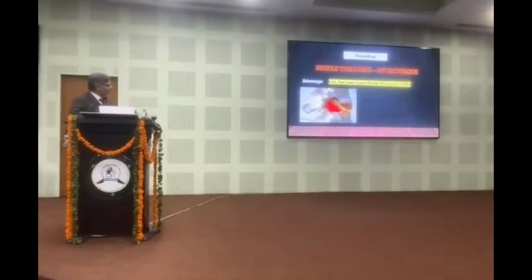In all these things, if you want to see this Kambin's triangle, then the best way to see it is this. This will give you the best view. This is the pedicle. This is where the nerve is. This is where the facet joint is.